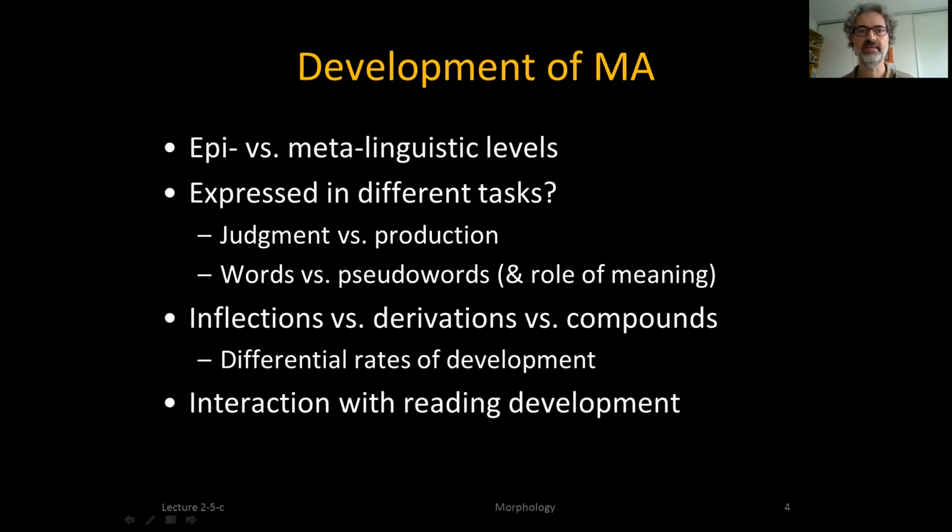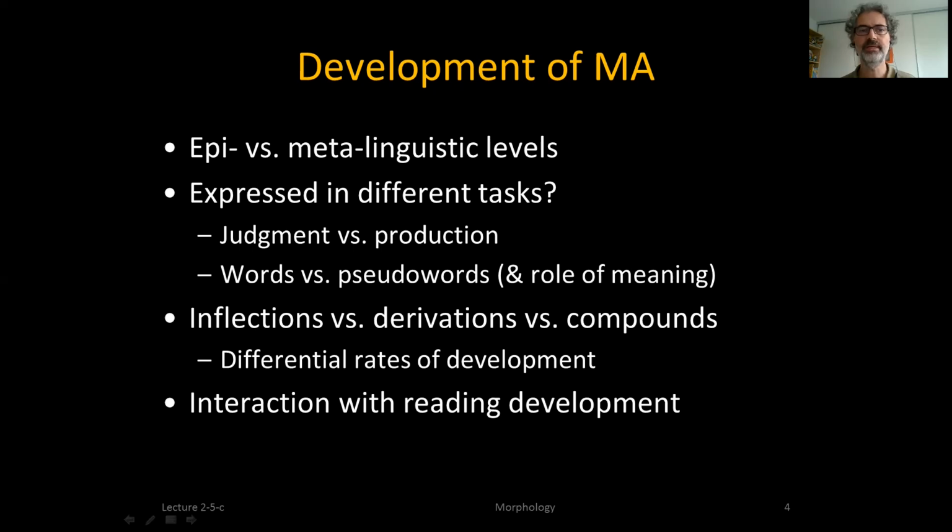So the easy task, the one that is done earlier, only requires a simple judgment, only requires one to direct attention to the language elements. And even if they don't have a very strong or very explicit understanding of what is going on, they can still direct attention to the word beginnings and make a simple judgment.